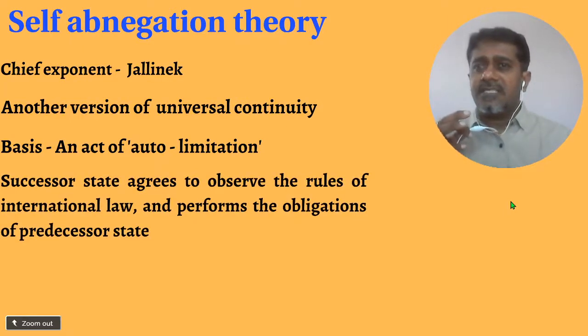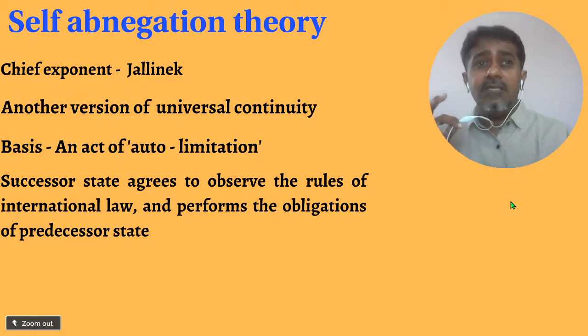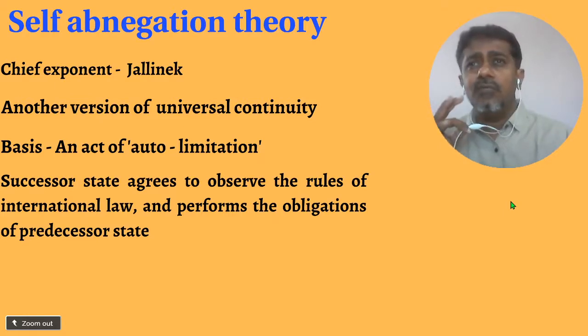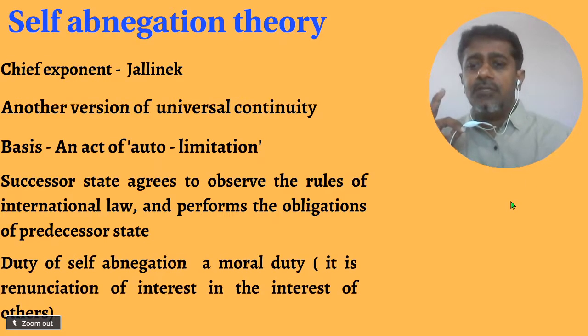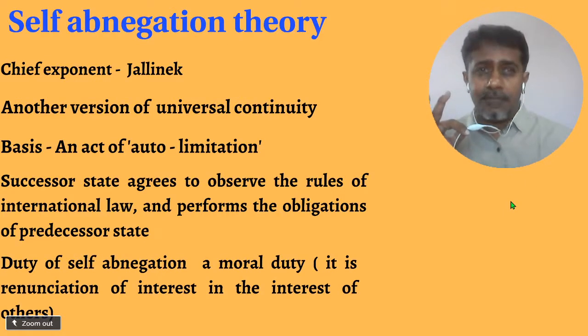They say that the successor state agrees to observe the rules of international law and perform the obligations of its predecessor state. On the basis of what? On the basis of auto-limitation. They say that yes, we will agree to observe the rules of international law and perform the obligations of the predecessor state. That's what the successor state is going to tell, or it is going to act. That's what Jellinek says. And the duty of self-abnegation is a moral duty. It is not something which has been imposed externally.